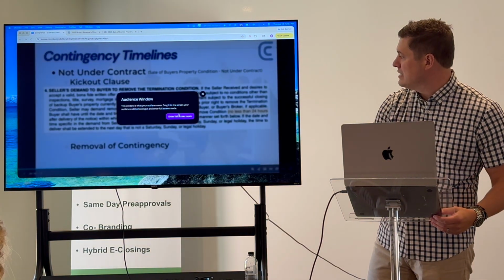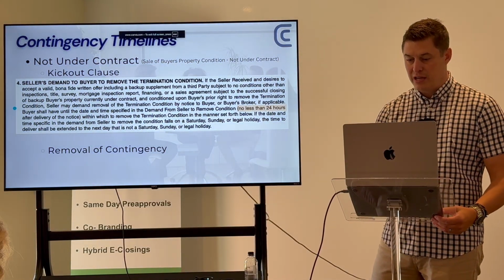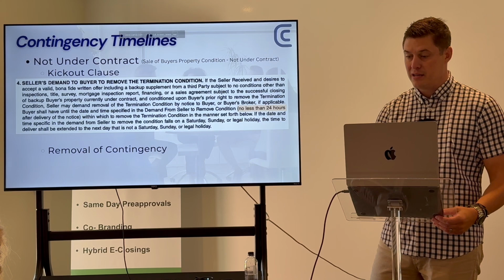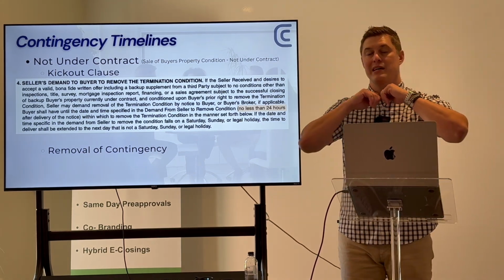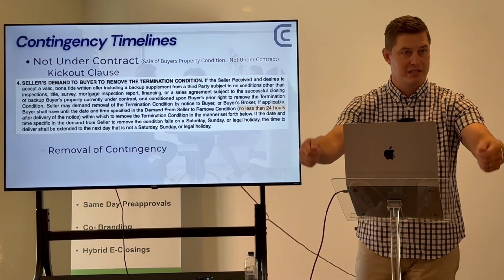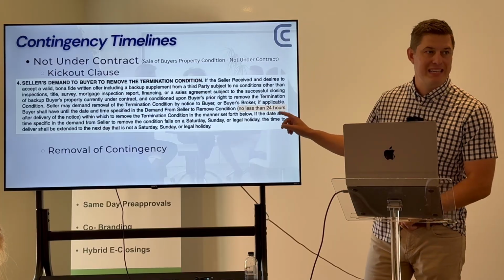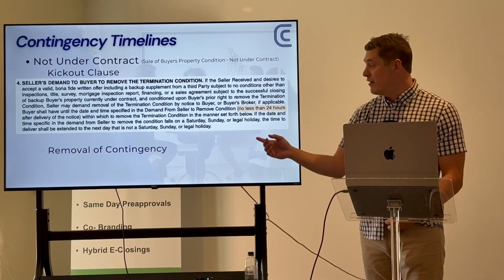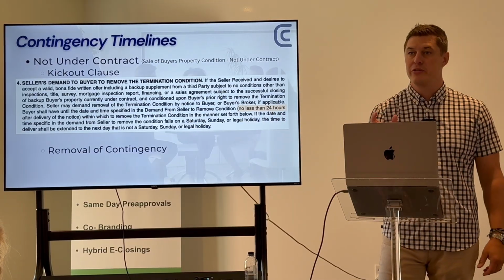So there is a document whenever you receive an acceptable offer and you have a not under contract contingency accepted: you can submit the notice demand to remove condition, and then they have X time to remove their condition. It defaults to 24 hours. You as the buyer agent could put 48, 72, whatever you want, and that's the minimum they can allow you.